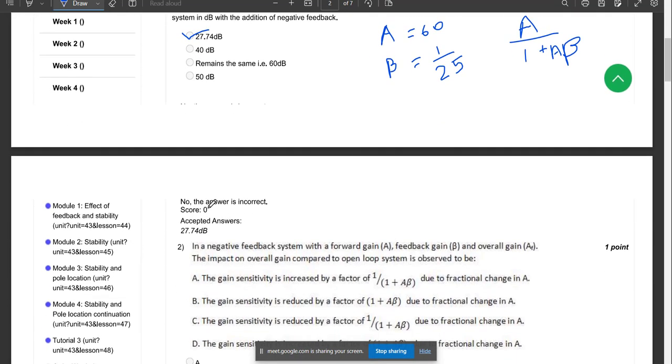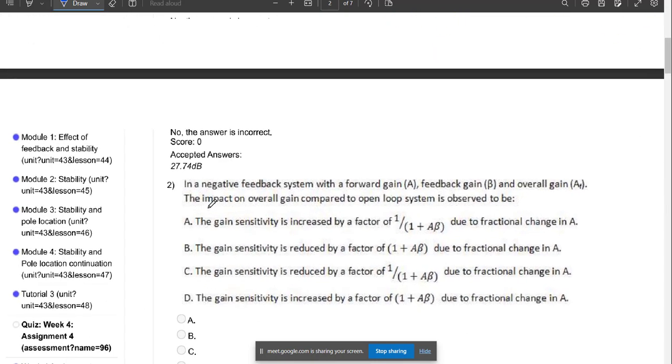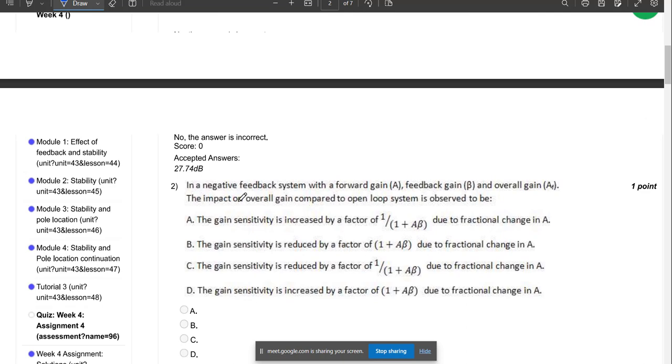Let's go ahead and try to solve this question. A negative feedback system with forward gain A and feedback gain beta, the overall gain Af. The impact on overall gain compared to the open loop system is observed to be.